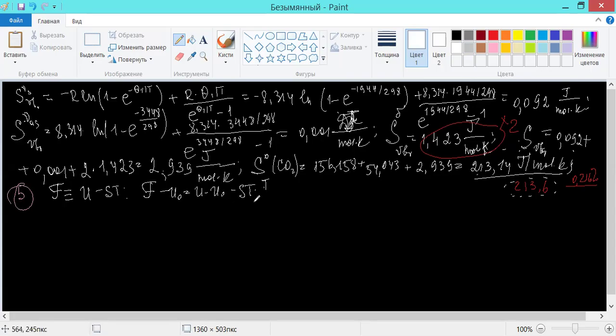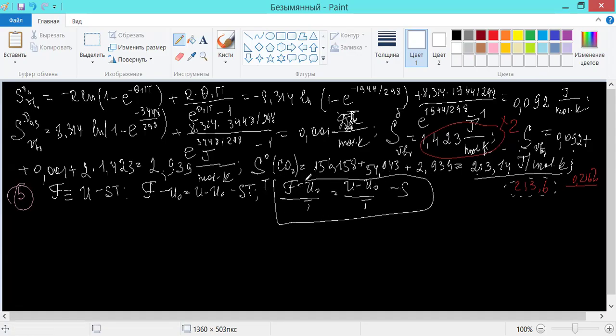And now let's divide both parts of this equation by T. And this is actually the formula we need, what we call the reduced Helmholtz function.